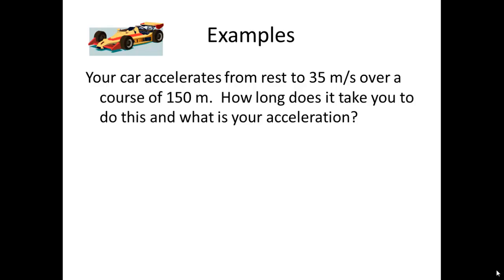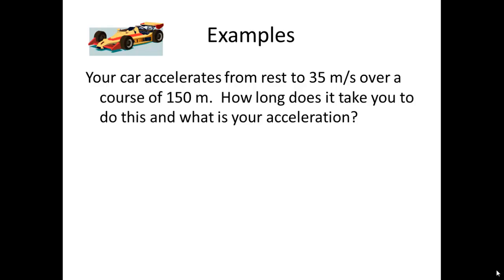Let's do another example. Your car accelerates from rest to 35 meters per second over a course of 150 meters. How long does it take you to do this, and what is your acceleration? Look at what you're given. Your car accelerates from rest. What does that mean? Accelerates from a stop.